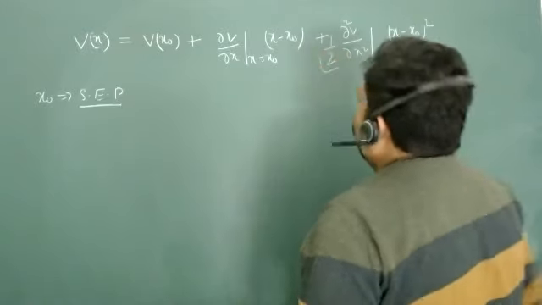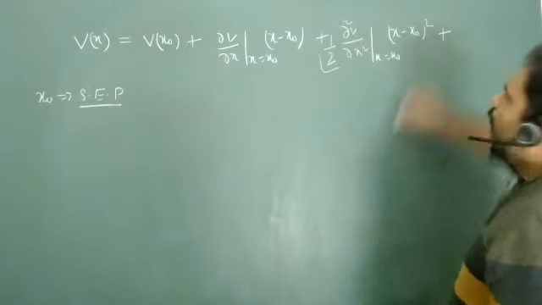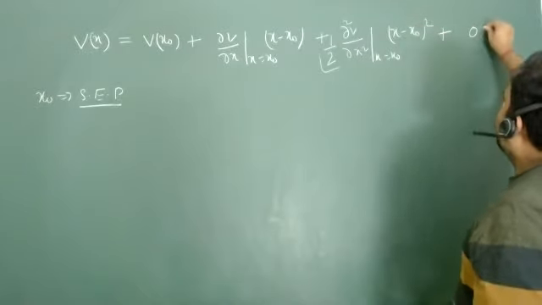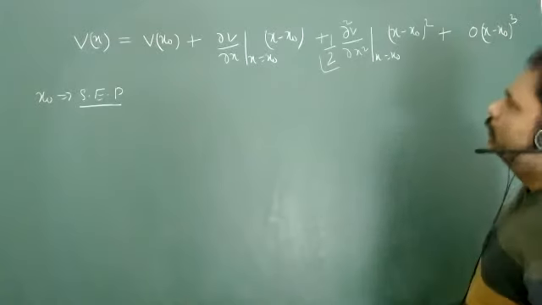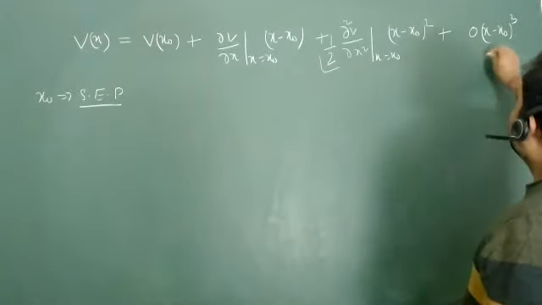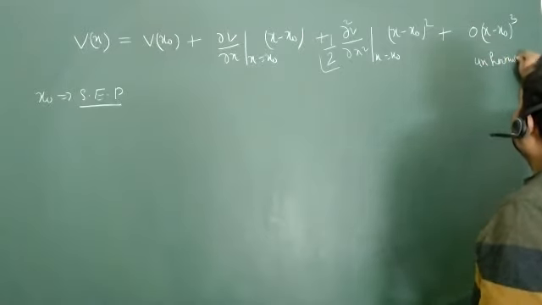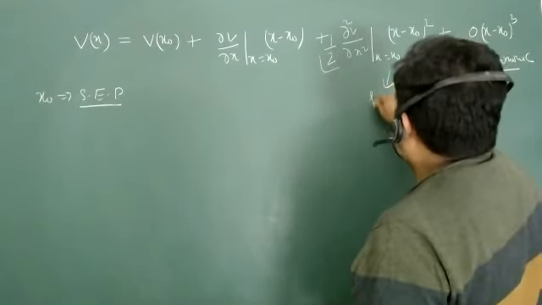Actually, factorial 2 is there, isn't it? And then we have the third order term, similarly of order x minus x naught whole cube. This is identified as the anharmonic term. This is known as the harmonic term.